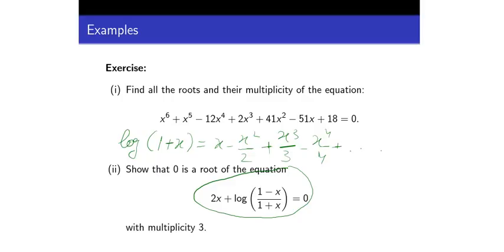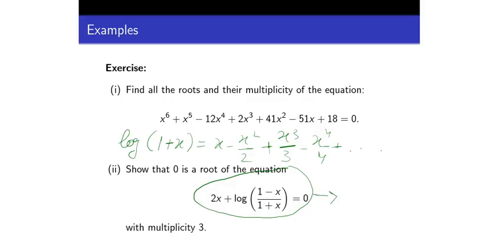Similarly you can replace x by minus x. For this you will get this, and 2x will get cancelled, and you will only start with this x cube. So similarly log of 1 minus x, you can write this equation.